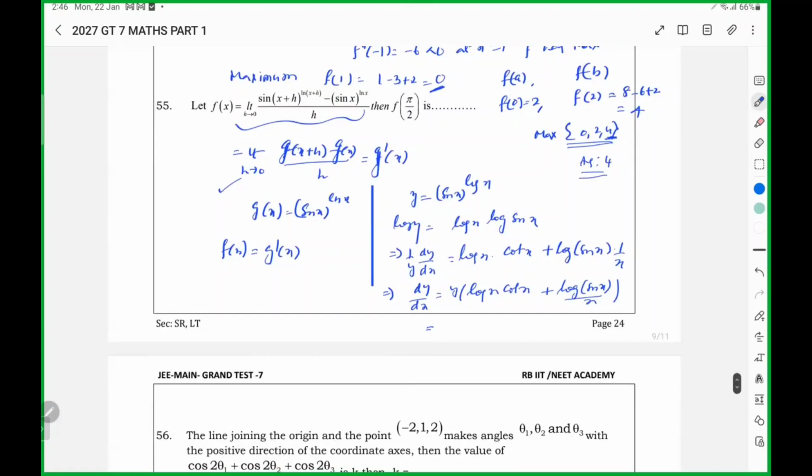Where y means g of x. g of pi by 2, sin 90 is 1, log pi by 2, whatever it may be, it is exactly some number. Log cos 90 is 0, sin 90 is 1, log 1 is 0. Final answer is 0.